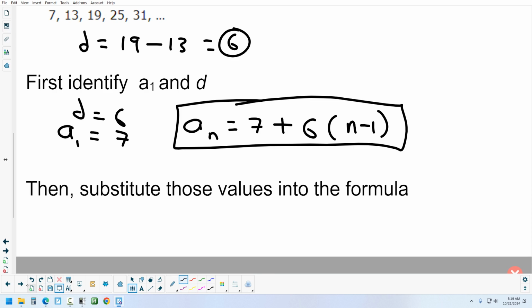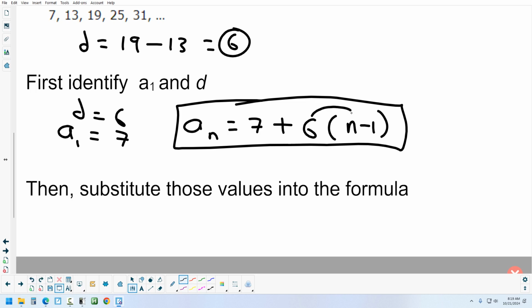So substitute, I already did that. If they did say to simplify it, does anybody know what property you would have to use with that 6 to simplify that number in front of the parentheses? What is it? Well, we have to follow PEMDAS. But what specifically would we do with the 6? Distribute.